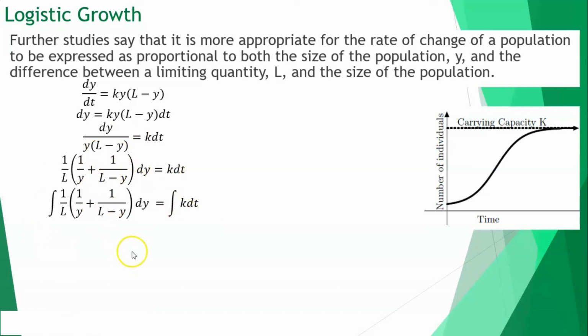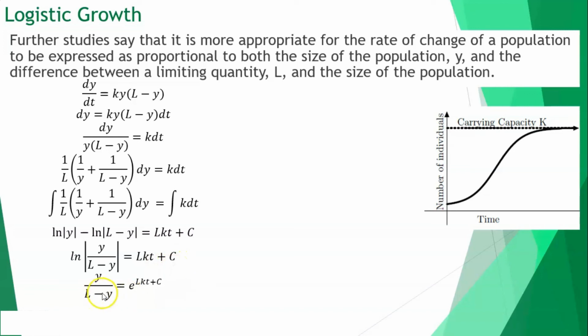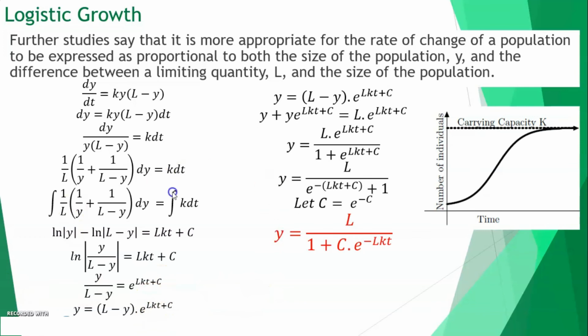Getting the integral of both sides, ln of y minus ln of L minus y is equal to Lkt plus c. So this would become ln of y over L minus y equals Lkt plus c. We can rewrite this as y over L minus y equals e to the power of Lkt plus c. So take note of this.